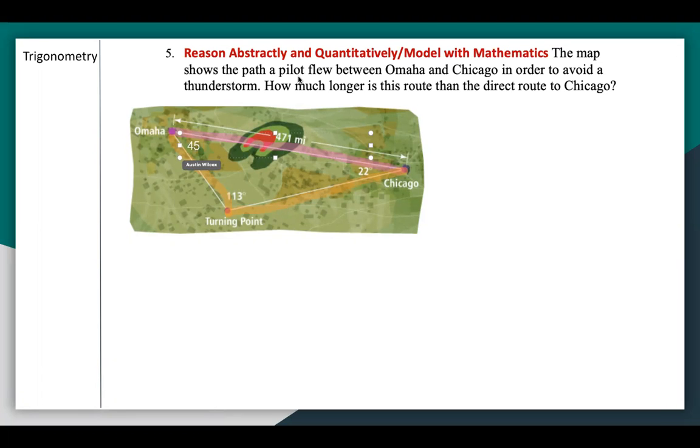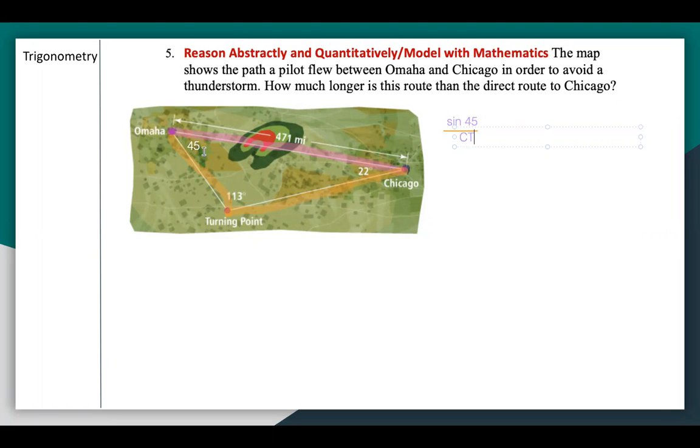Okay. Now what I can do is approach the law of sines. And it says, okay, well, the length of Chicago to the turning point should be equal to, and I forgot I'm already typing in white, should be equal to the sine of 45 divided by, I'm going to say CT for Chicago to the turning point.